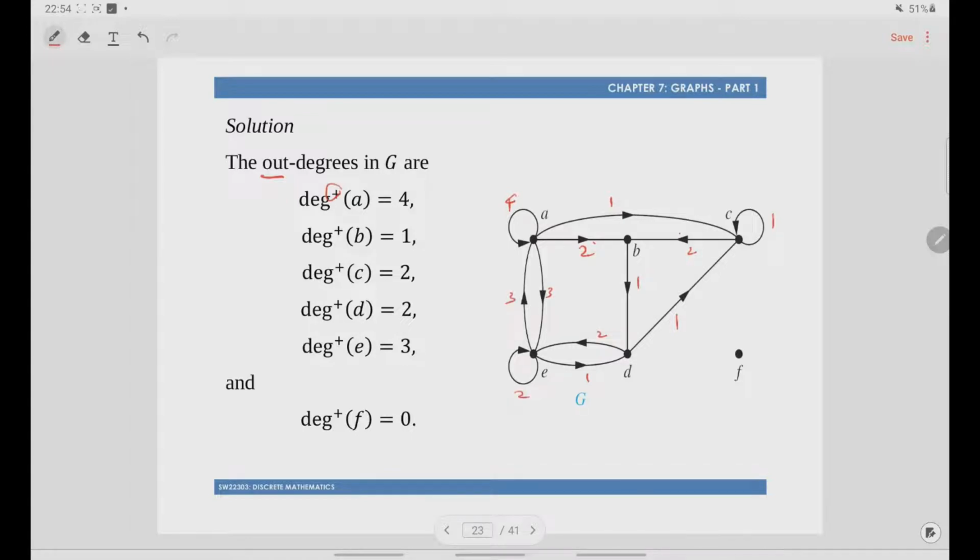So the out degree of E equals 3. And again F, the isolated one: because F is isolated, the in degree and out degree of F are always equal to 0.